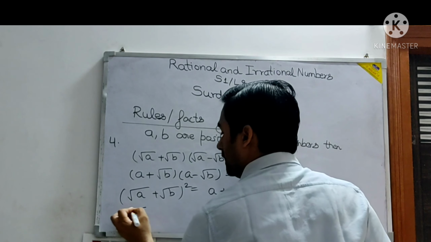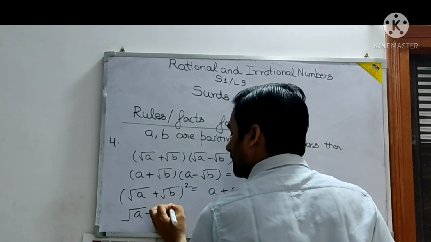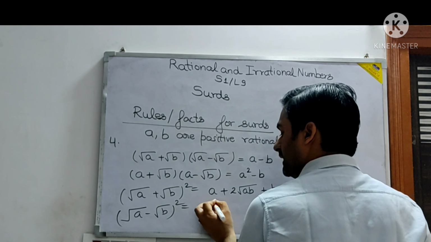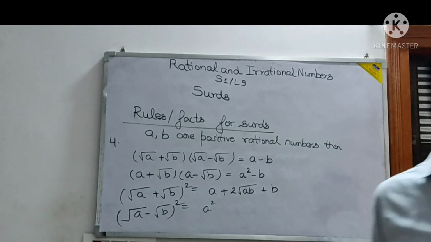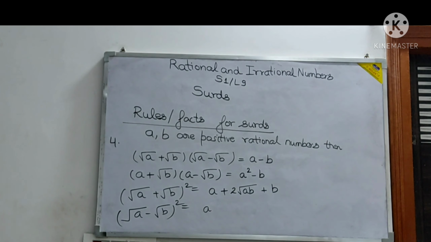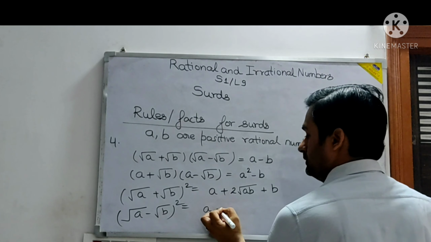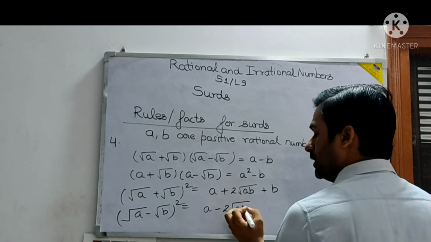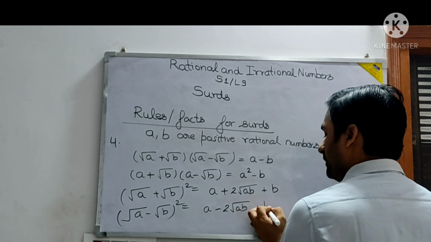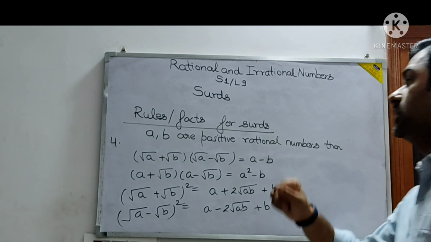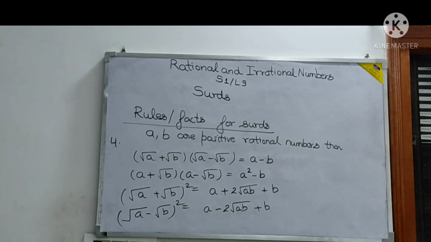And fourth is under root a minus under root b whole square: a minus 2 under root ab plus b. I think this rule is clear, but for this a and b should be positive rational numbers.